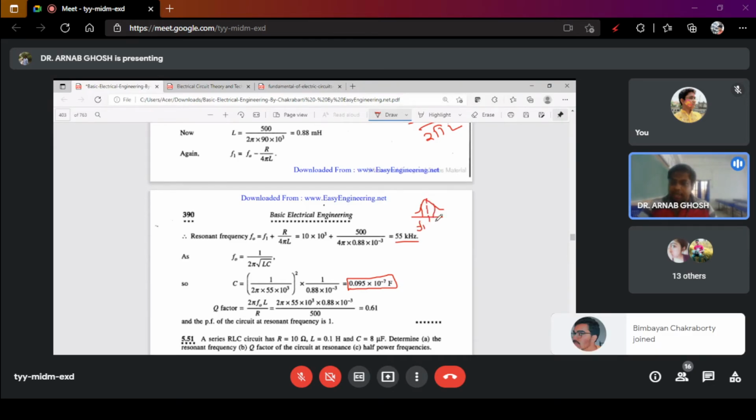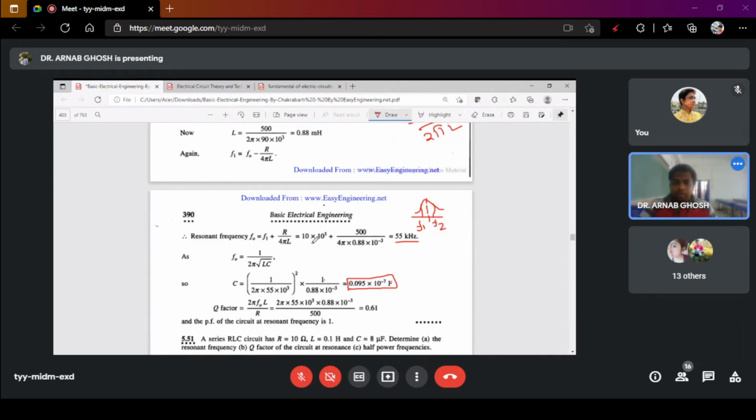You can use this formula, or else you can just do F0 is equal to F1 plus F2 by 2. That also is fine. So from that you will get the resonant frequency. Once you get the resonant frequency, you can calculate C from that.